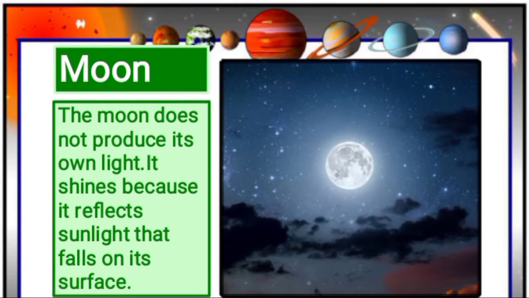What is the Moon? It is a large natural object that orbits or travels around Earth, and after the Sun, it is the brightest object in the sky. The average distance between the Moon and the Earth is about 238,900 miles, which means 384,400 kilometers.